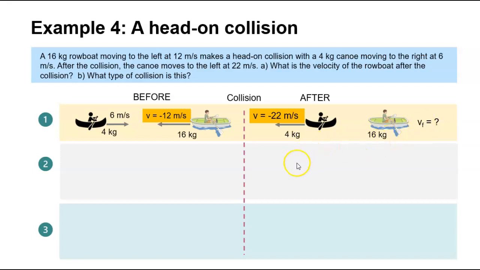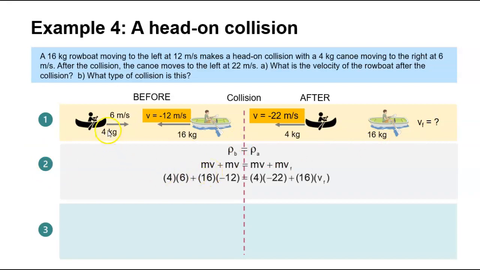All right, so let's apply the conservation of momentum. I have 2 objects on the left, 2 objects on the right. Neither are combined on either side. So mv plus mv equals mv plus mv final. That's the one I'm solving for. I'm just going to plug in my numbers, but let's look closely at the numbers. 4 kilograms times 6, that's good. The boat is 16, but I have to put the negative in for the 12 because it's going to the left.